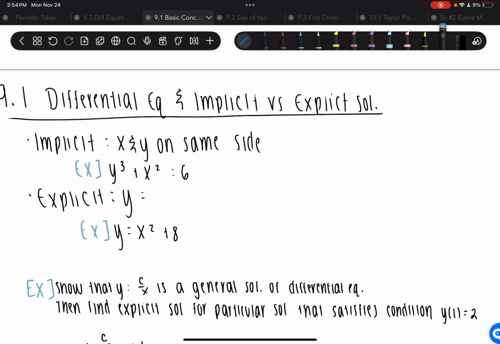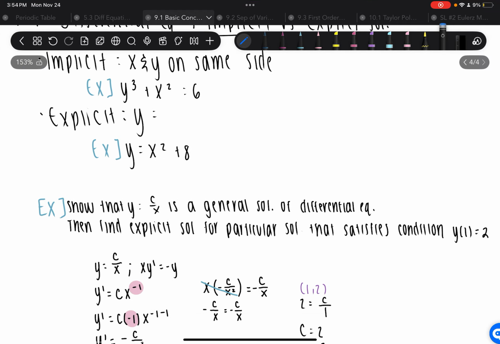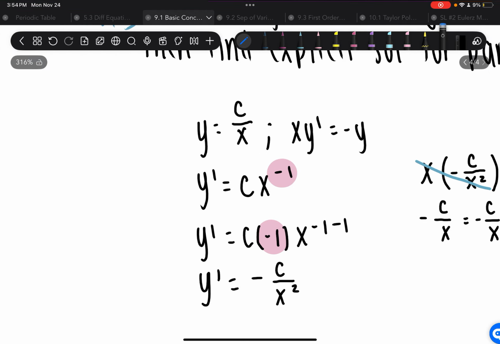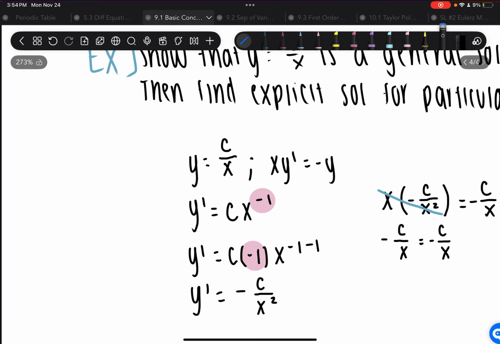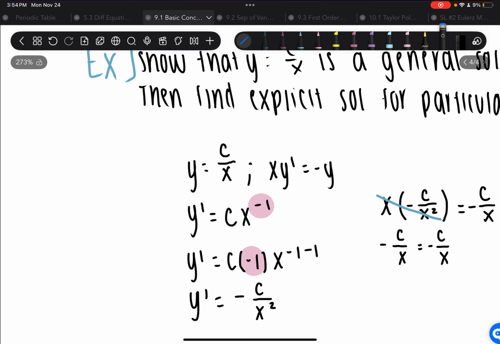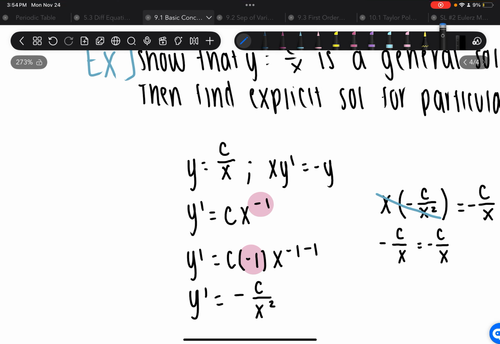What that means is we're going to verify that our equation y equals c over x satisfies the differential equation that we have. Our function is y equals c over x, and this is our given differential equation: x y prime equals negative y.